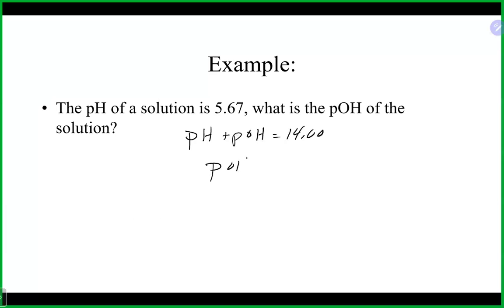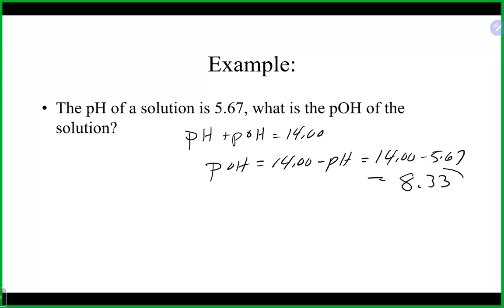That's going to give us a pOH that's equal to 14 minus our pH, which would then be 14 minus 5.67. And that's going to look like an 8.33 on our pOH.